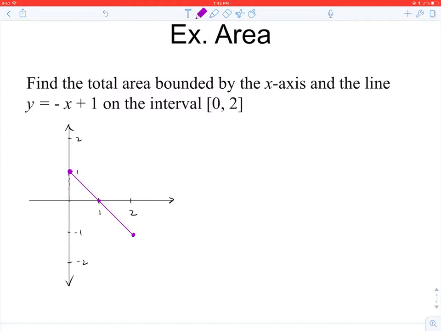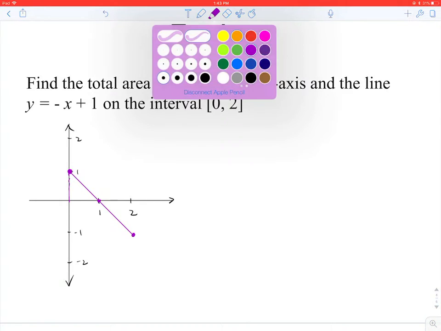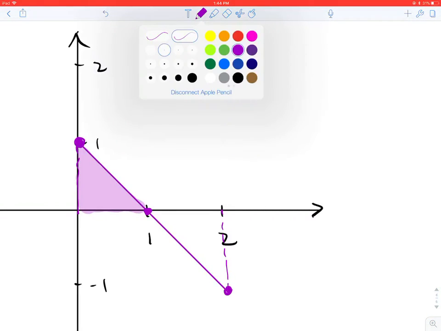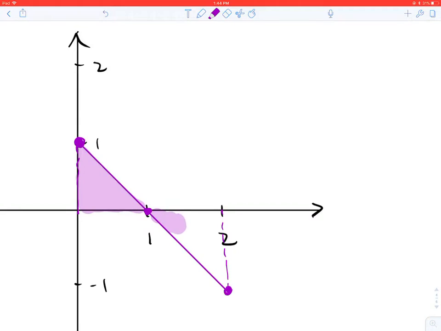So we want to find the area between the curve and the x-axis. So the first section would be here, and then to 2. So we want to find between the curve and the x-axis here.